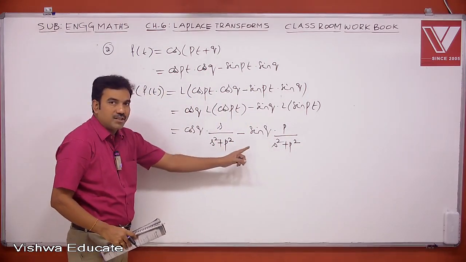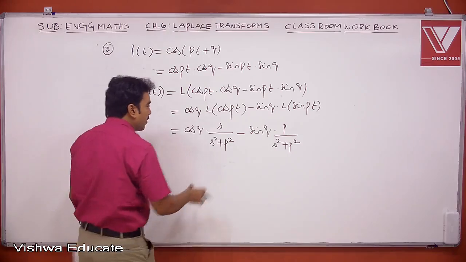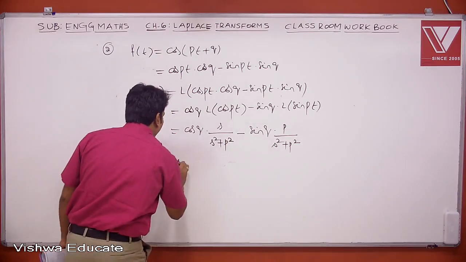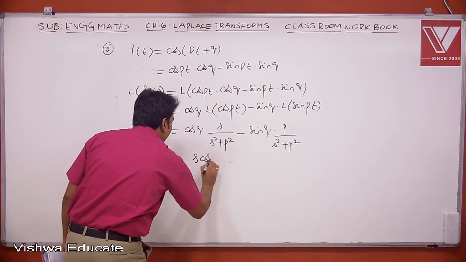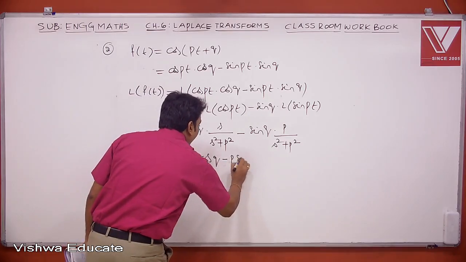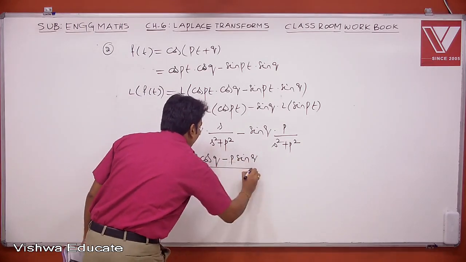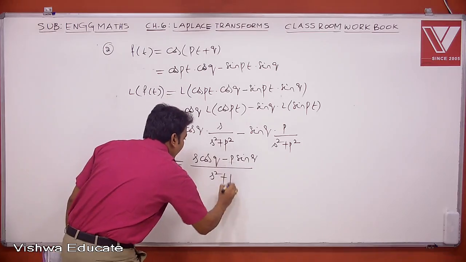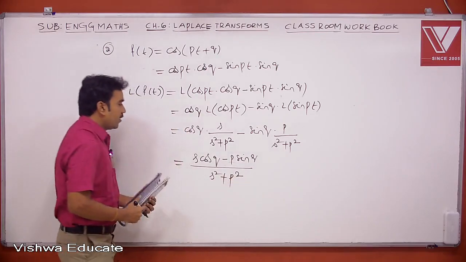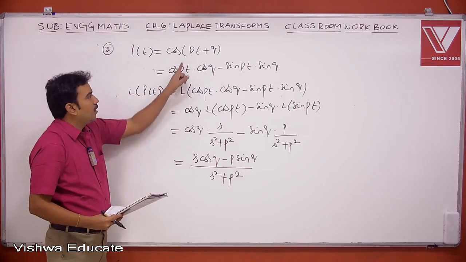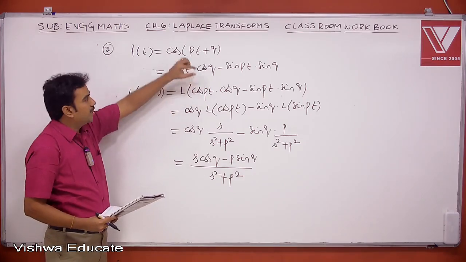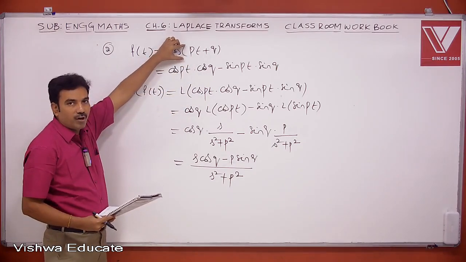Now in both the cases the denominator is s square plus p square, so we can add the numerators directly. Therefore this is (s into cos q minus p times sin q) whole divided by s square plus p square. So this is the Laplace transform of cos of (pt plus q). We have just applied the cos of (a plus b) formula.